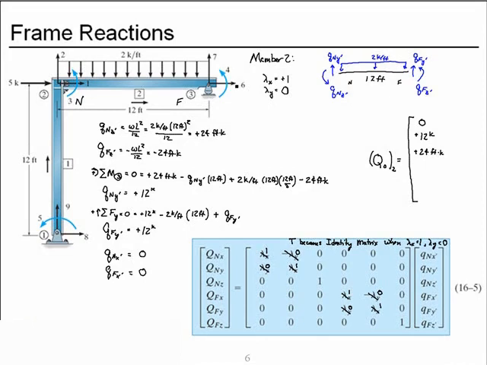Then degree of freedom 6, far x prime, 0. Degree of freedom 7, far y, plus 12. And 4, far z, minus 24 foot kips. We said that's degrees of freedom 1, 2, 3, 6, 7, and 4.